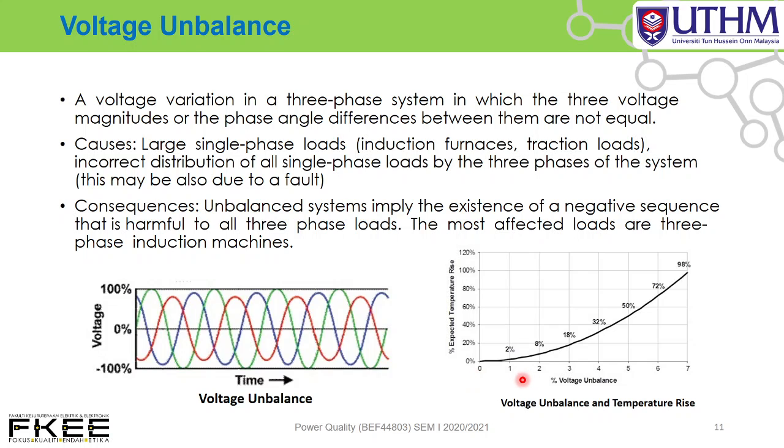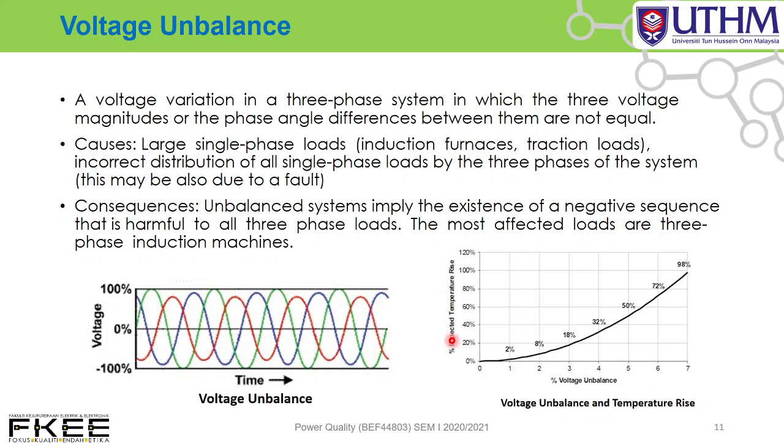Let's see the relationship between temperature rise and voltage unbalance. Look at this figure. We have the percentage of voltage unbalance. Let's say this is 0%, the voltage is balanced. Then we have a percentage of unbalance of 1%, 2% until 7%, for example.